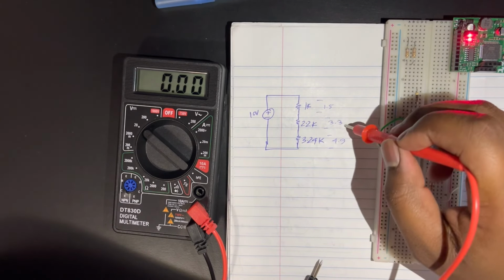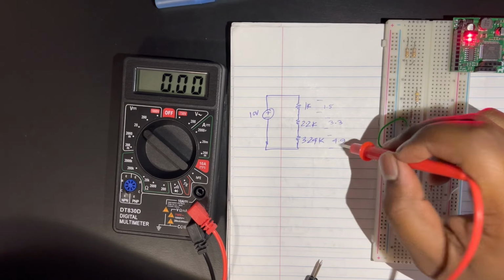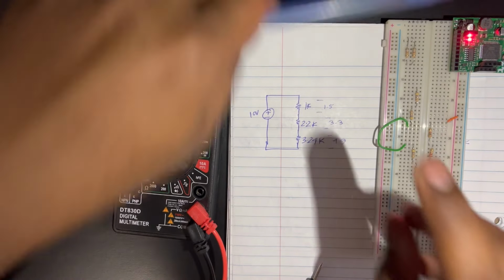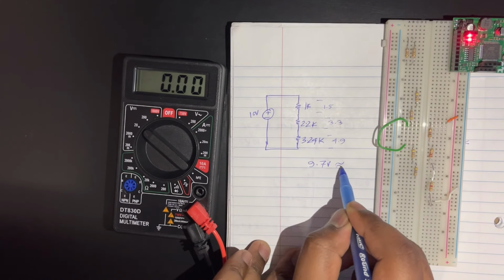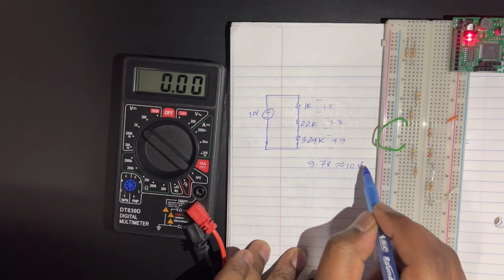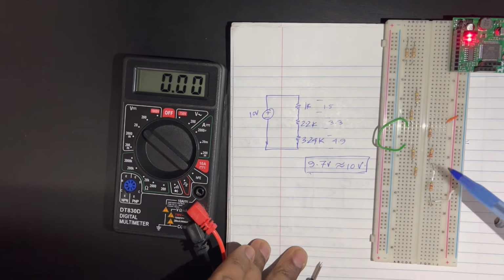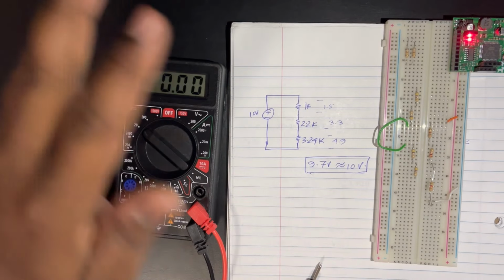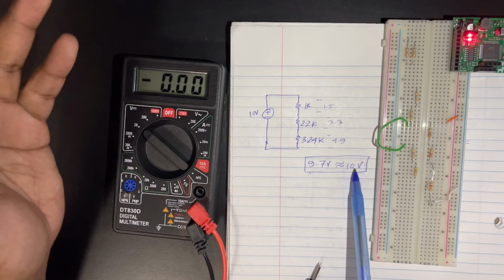So 4.8 and 4.9 is around 9.7, right? Which is equivalent to 10 volts. Okay, it's not going to be perfect all the time because electrical components are not that perfect. So 9.7 volts is approximately 10 volts.